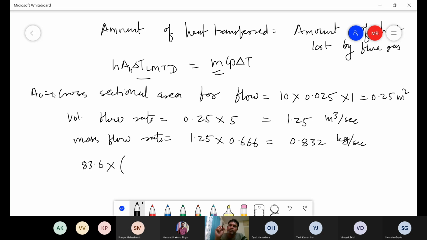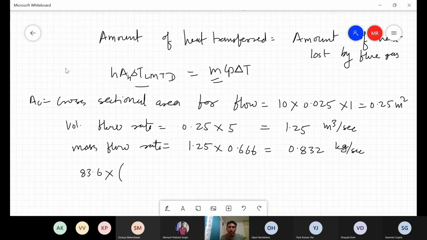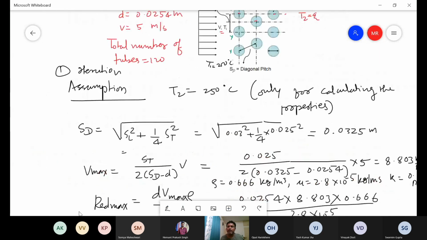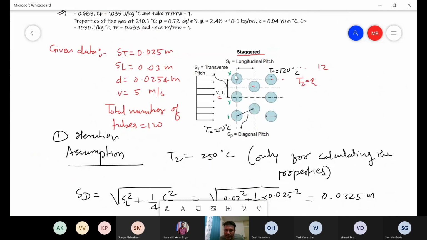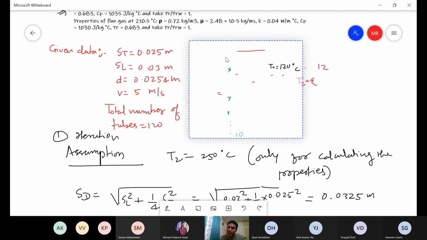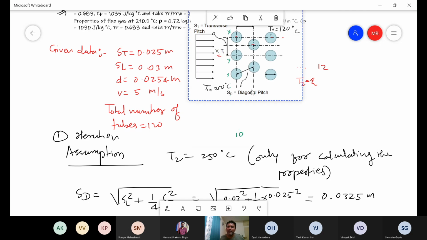The area for heat transfer for one tube is pi dl. And how many such tubes are there for heat transfer? There are 120 tubes, isn't it? So 120 multiplied by pi dl is going to give me the total heat transfer area for all the tubes. I can go back again at the top to explain what I'm trying to say here. The area for heat transfer is the area around all these tubes. Area for the flow is only this area which is going to the top as well as in the Z direction here. So this area is nothing but the area for the flow.